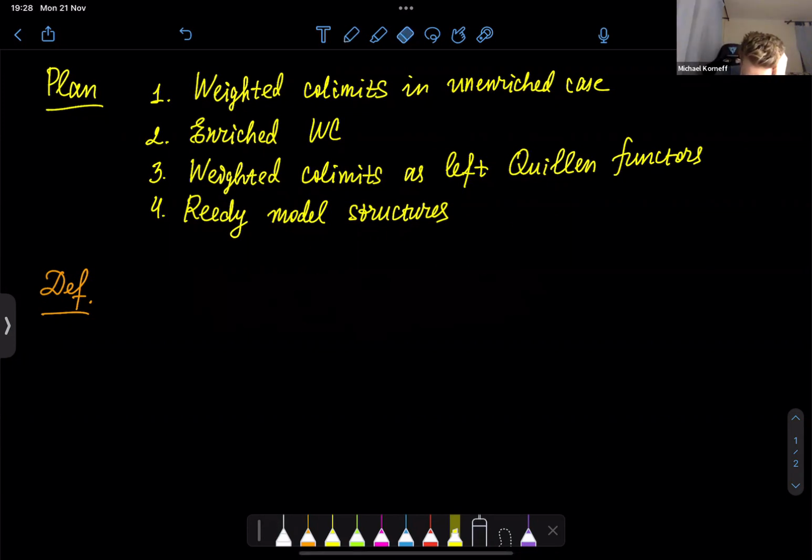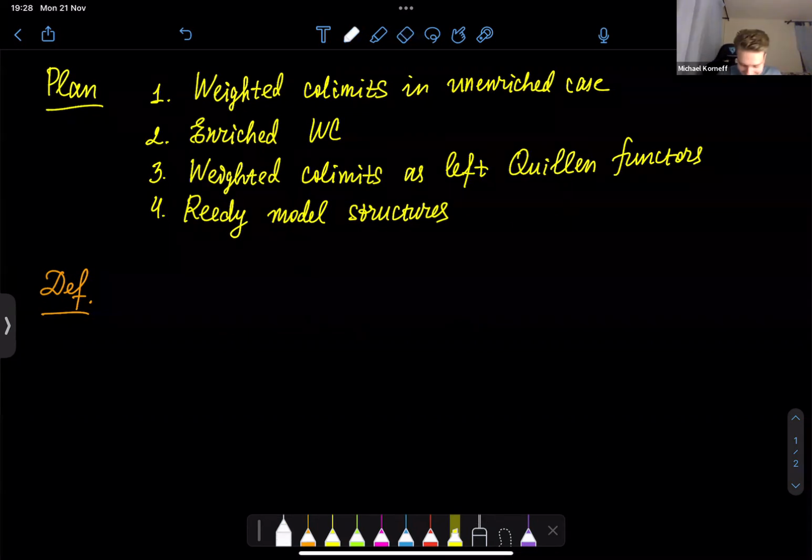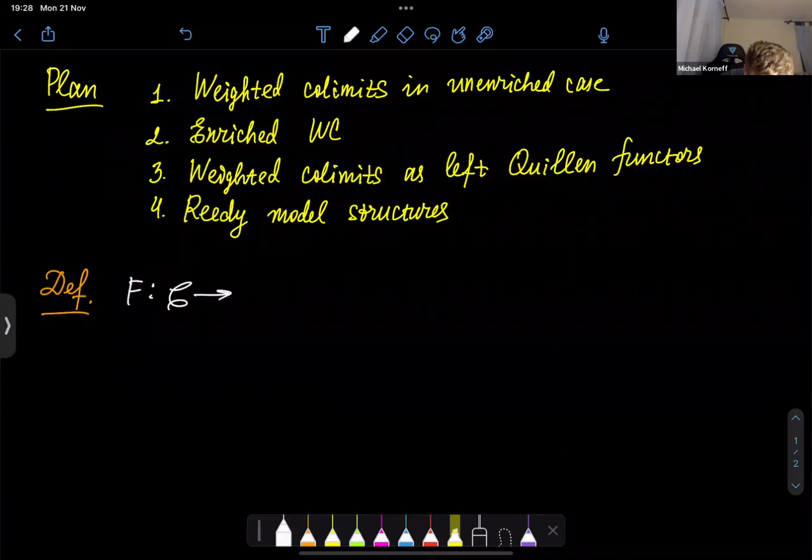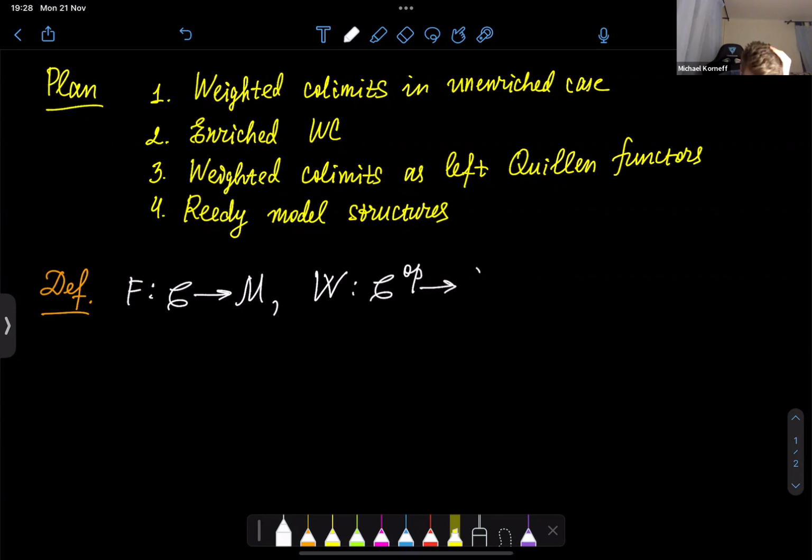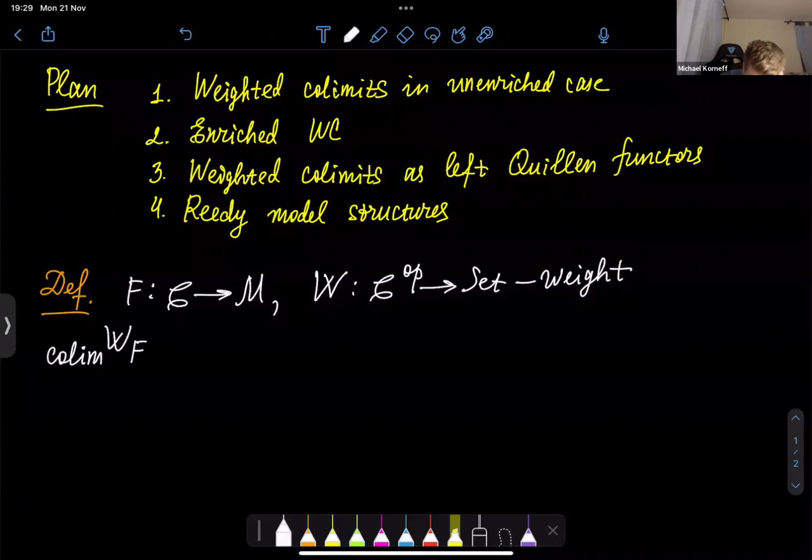It's the enriched case, but first of all, I'd like to start with the unenriched one. If I have a functor F and the other functor is the so-called weight W, it's a set valued functor. This is a weight. Then we can define the object, the colimit of F weighted by W.